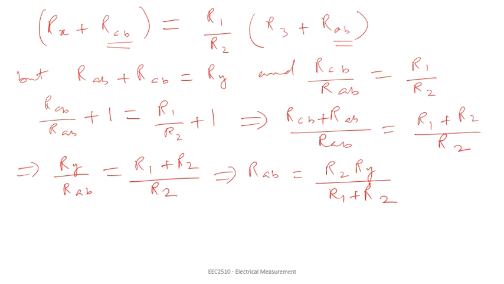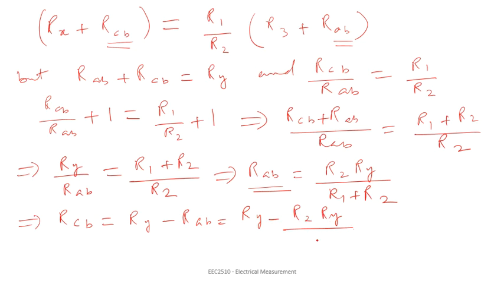Since RAB plus RCB equals Ry, in place of RAB you can write Ry minus RCB. So we get RCB equal to Ry minus RAB, which is Ry minus R2 Ry over R1 plus R2.